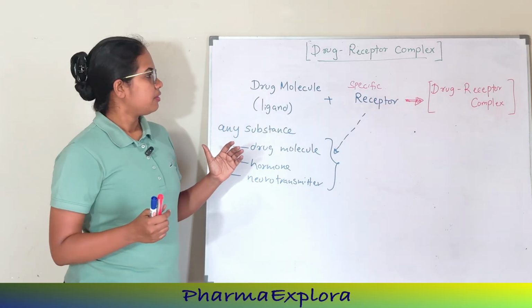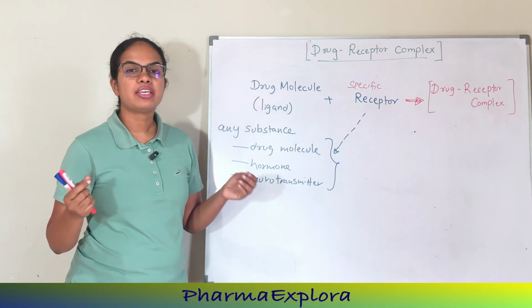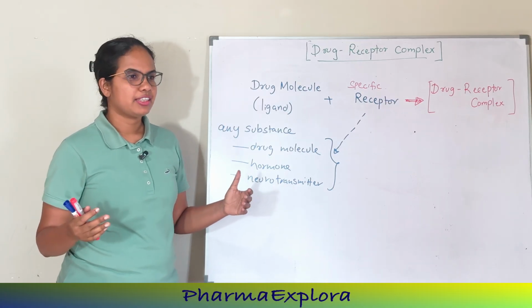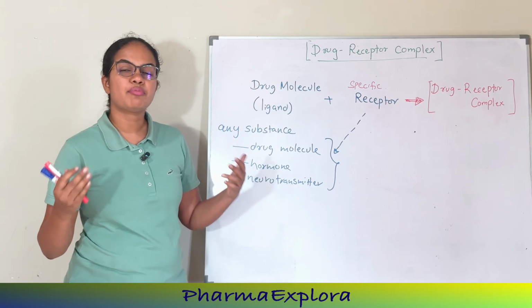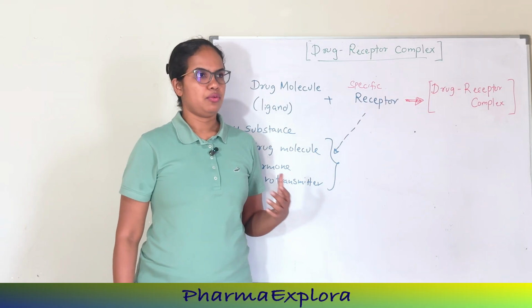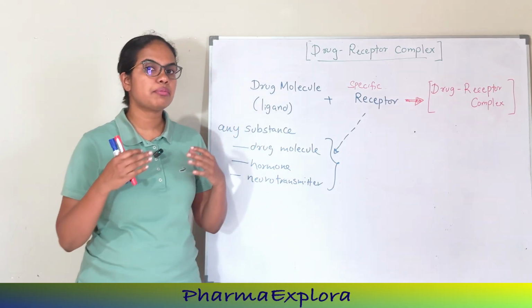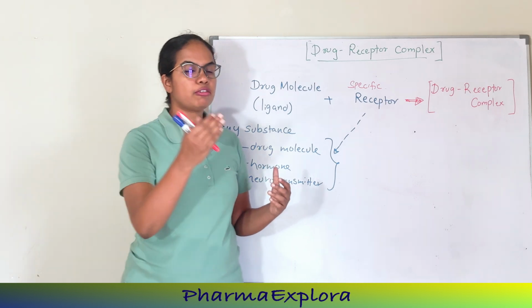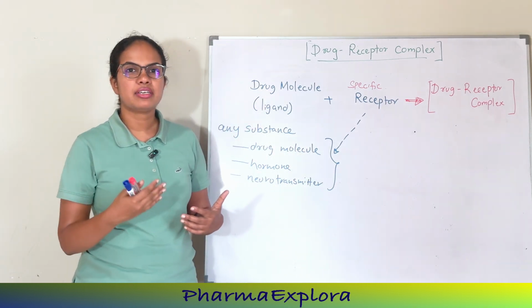We can also say it's like a molecular level handshake. Why? In a handshake, what happens? Once we identify a person, the first step is recognition. Then comes attraction, and then the interaction or communication happens.